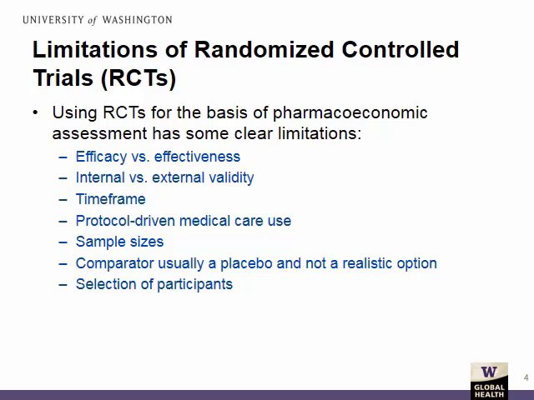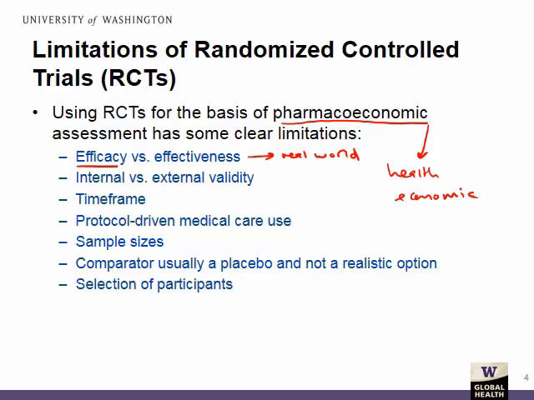Randomized control trials are limited as the basis of pharmacoeconomic assessment because of some clear limitations, and we're using the word pharmacoeconomic, but we can always say applied health economic. But the reasons are that in trials you are assessing efficacy and not effectiveness, and effectiveness is essentially real world.